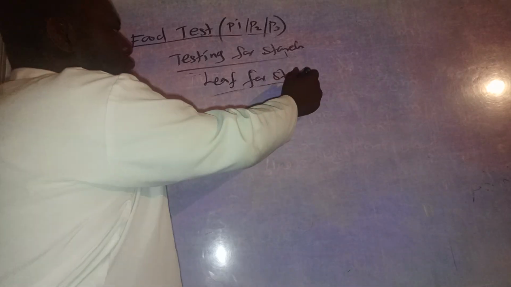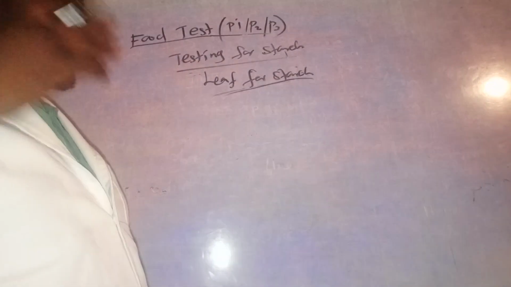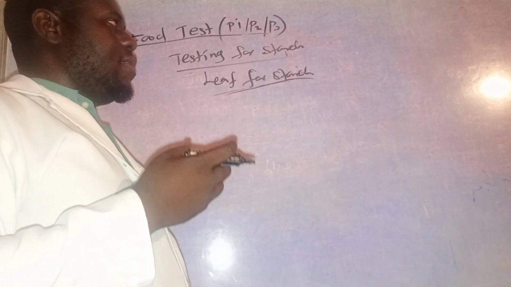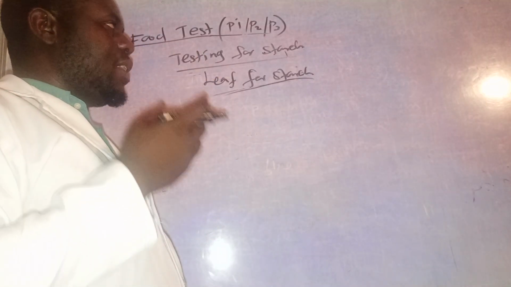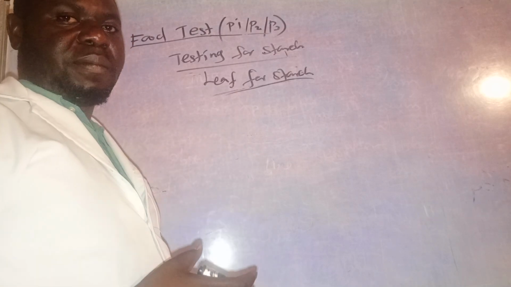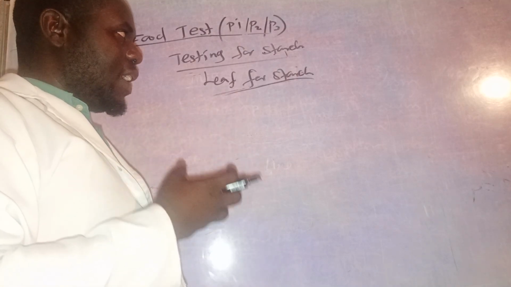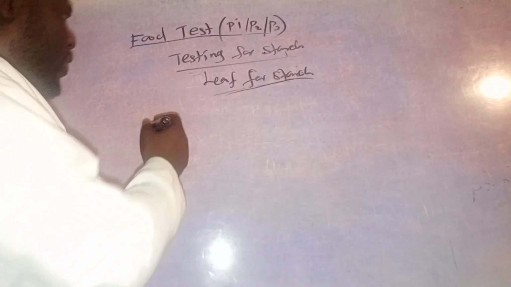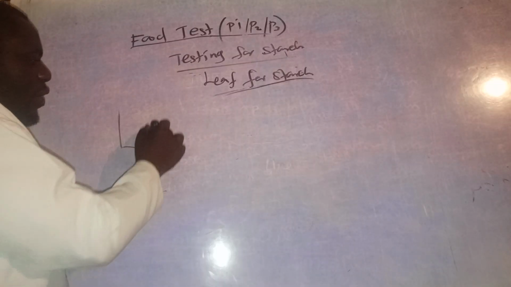You get a leaf from a plant, and when you get a leaf from a plant, the metabolic reaction inside the leaf will not stop immediately. So after getting the leaf from the plant, the first stage is that you boil the leaf in warm water.